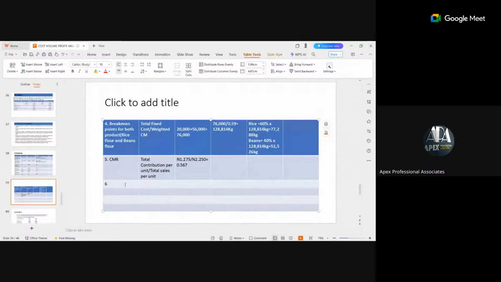Break-even point in Naira. The result is very straightforward. It will be your total fixed cost divided by what?